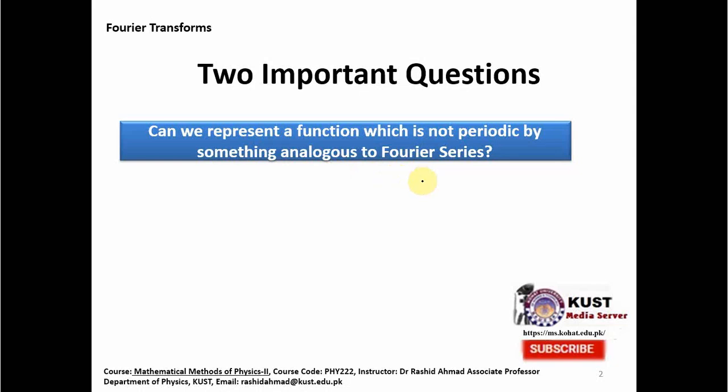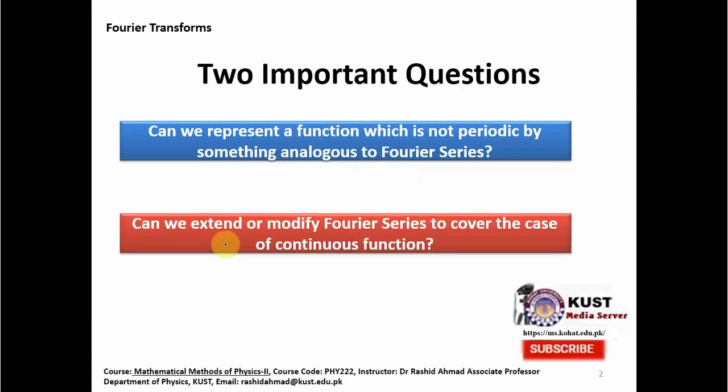How we can do this, we will learn in today's lecture. And the second question is: can we extend or modify Fourier series to cover the case of continuous functions? Again, the answer is yes, and both of these, the non-periodic and continuous functions, can be dealt with with the help of Fourier transforms.